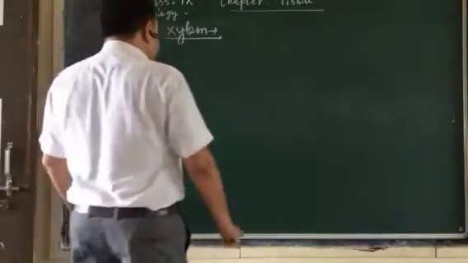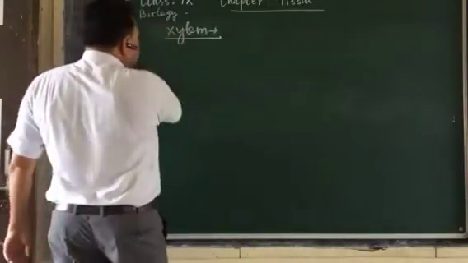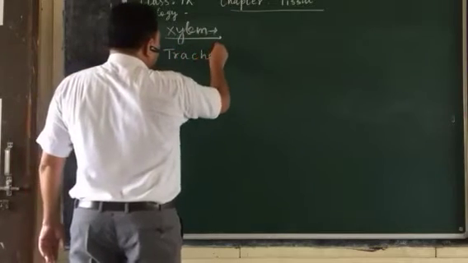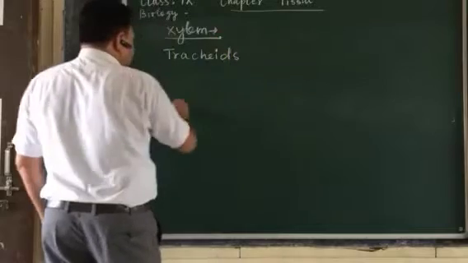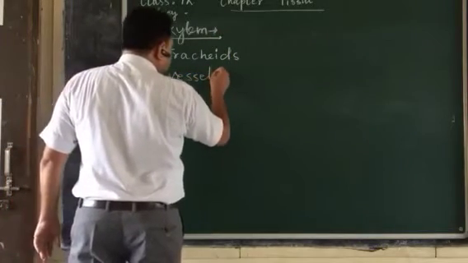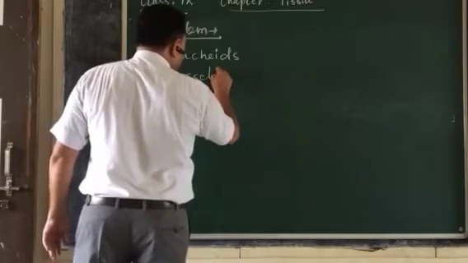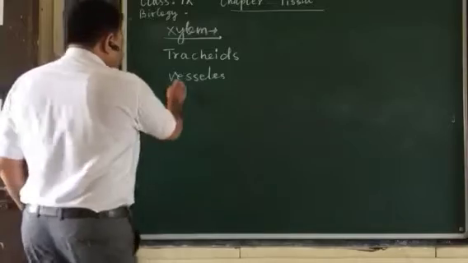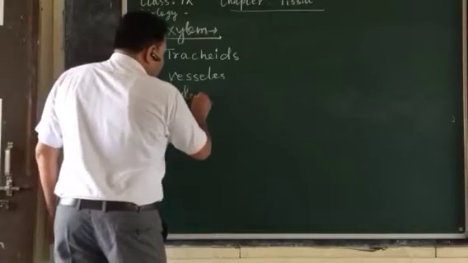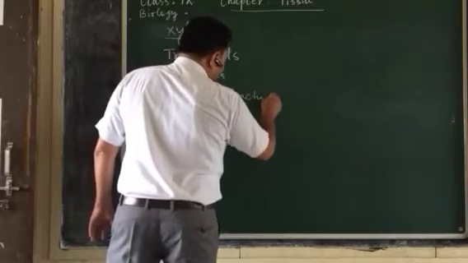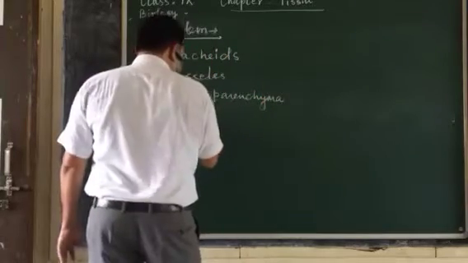Xylem is made up of tracheids, vessels, and xylem parenchyma.